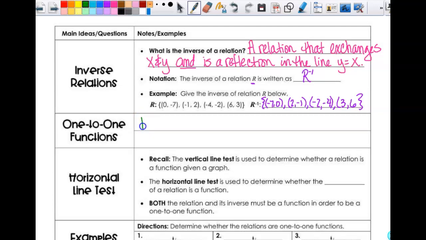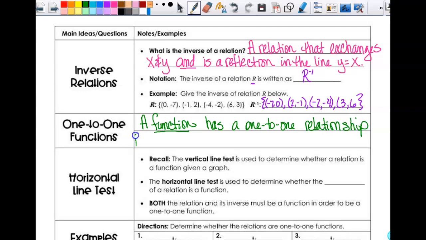So a function has a one-to-one relationship if the relation and its inverse are functions.